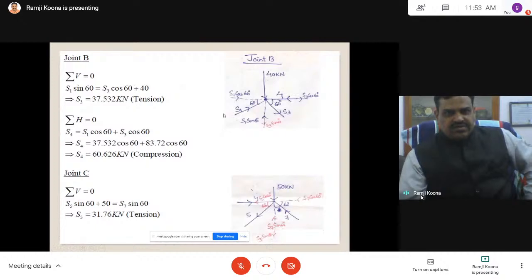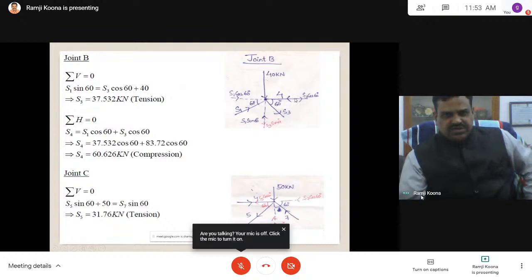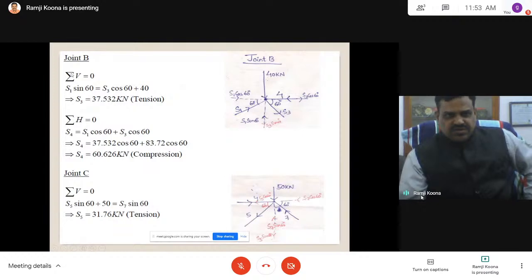S1 we already decided is a tensile member. S1 cos 60, S1 sin 60. We resolve toward the joint. Now I am assuming S4 with respect to center is tensile, and S3 with respect to the center is compressive. Now resolve the forces. Sigma vertical is 0.